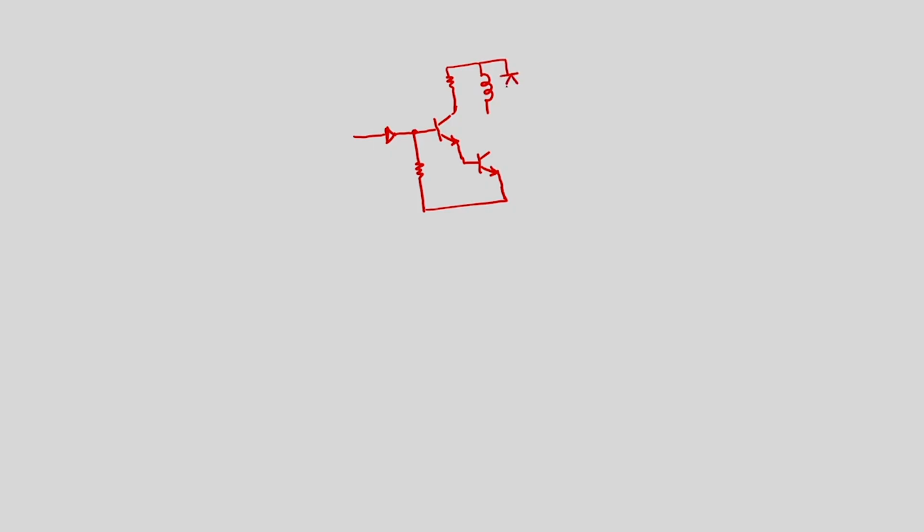This is the winding. This is one winding. Let us call this one W4. These values are going to decide the current; they are something like 470 ohms, 620 ohms, 2 kilo ohms. Similarly, we will have the same corresponding to W3, W2, W1.